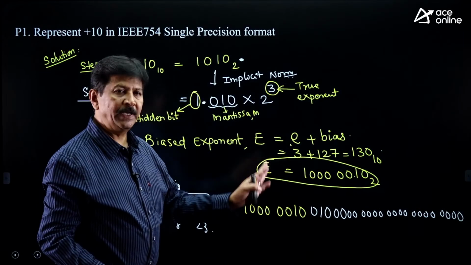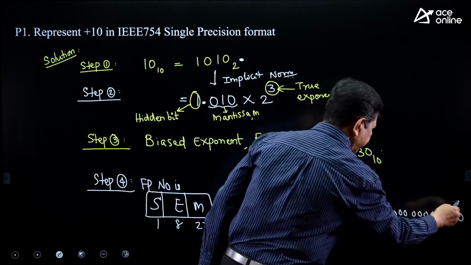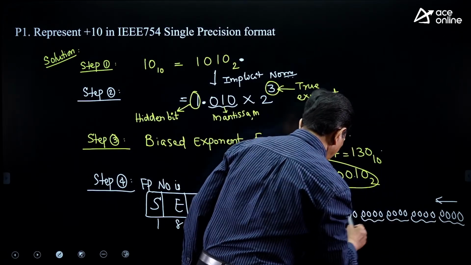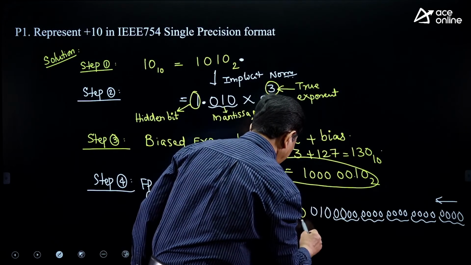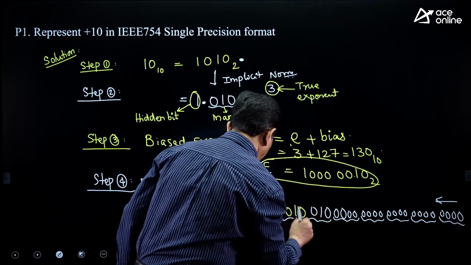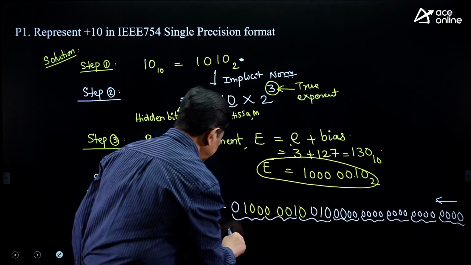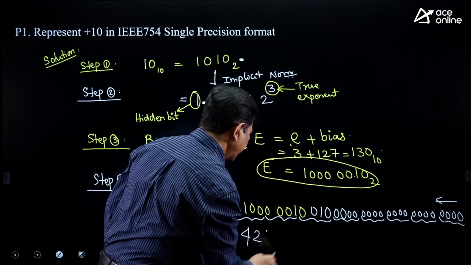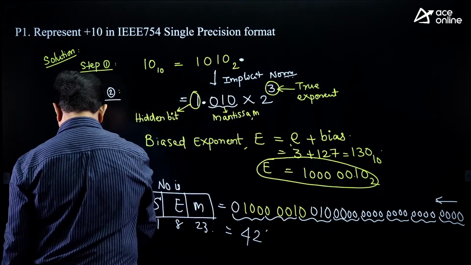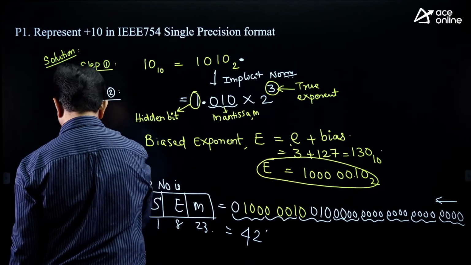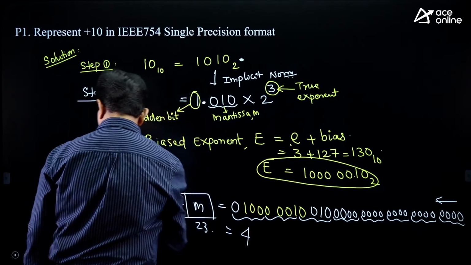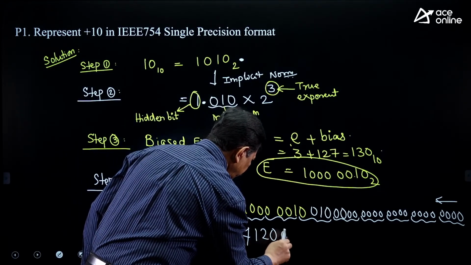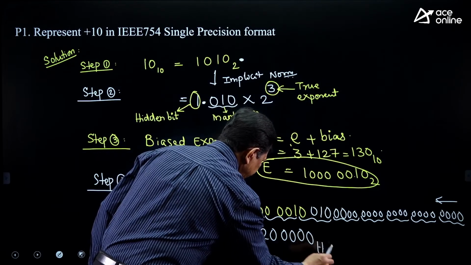So this is the 32-bit number. Now you have to convert it into hexadecimal. So this becomes 4, 1, 2, 0, 0, 0, 0, 0, that is 41200000 hexadecimal.